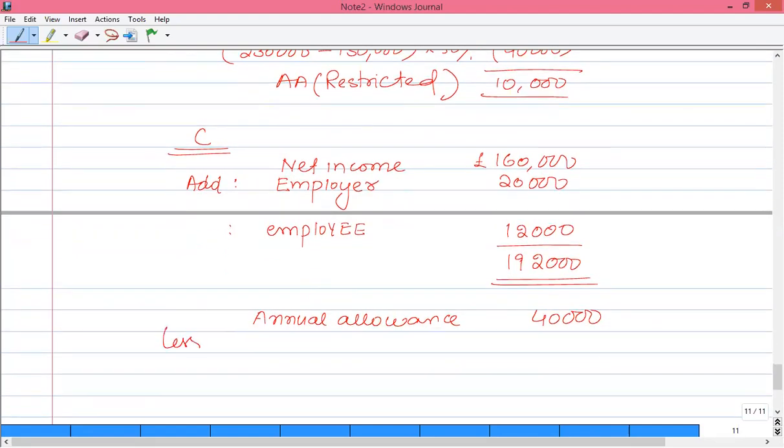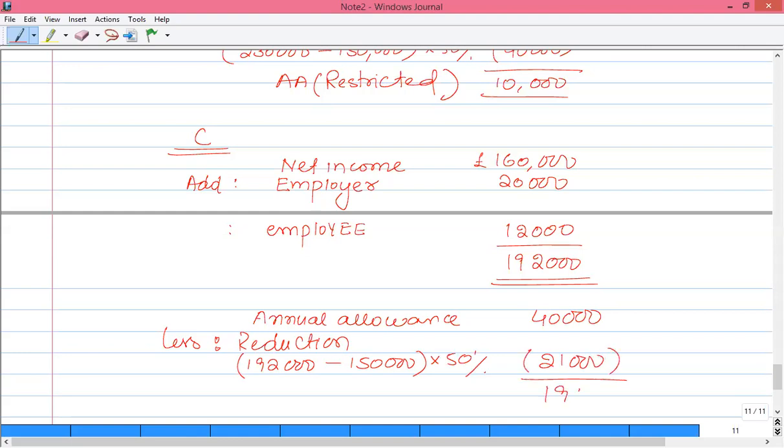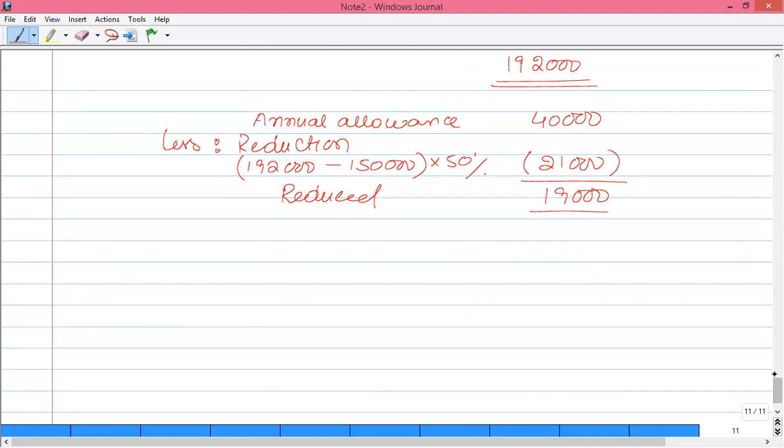Now let's work out the reduction. Our adjusted income is 192,000. Threshold is 150,000. So the excess amount is 42,000. Multiply by 50%, that becomes 21,000. After reduction, the reduced annual allowance is 19,000. So we'll use this 19,000 in order to compare whether there is an annual allowance charge or not.